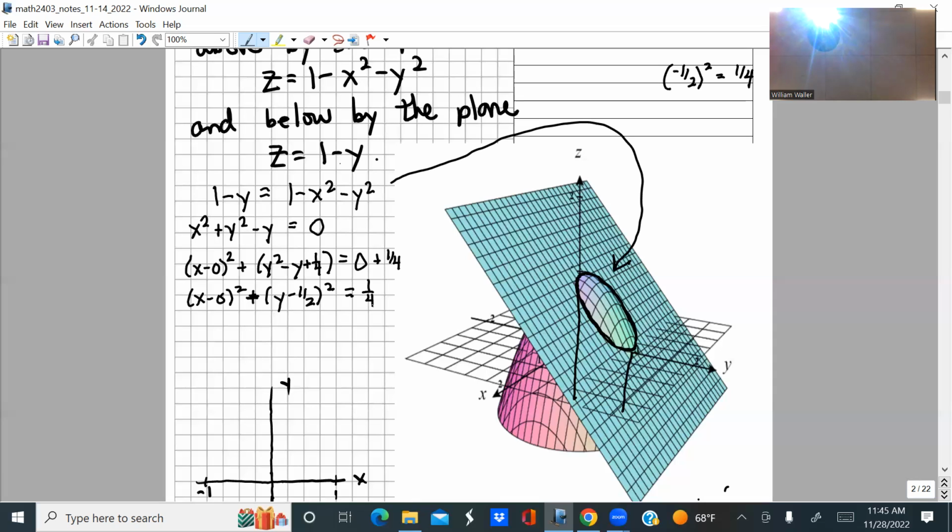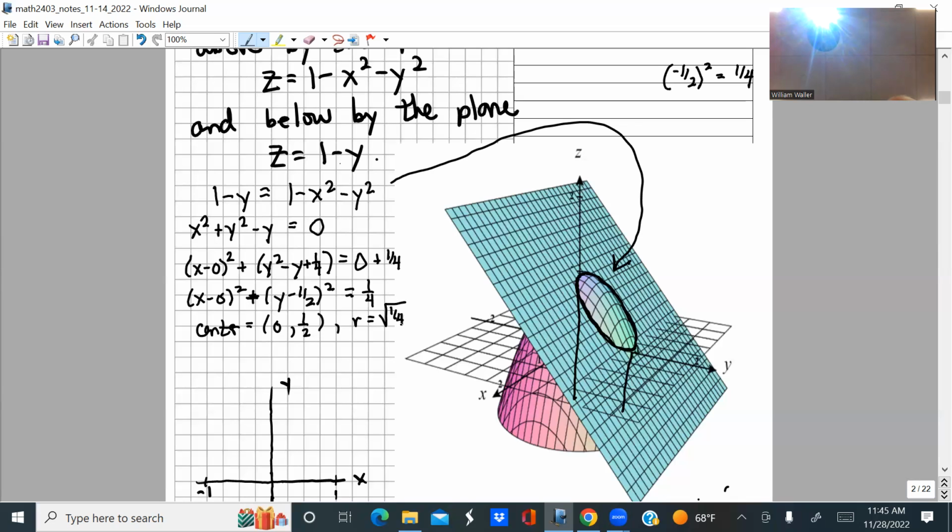Oh, that's the equation for a circle. That is the equation for a circle centered at the origin. No, it's not centered at the origin. Where is it centered? What are the coordinates of the center? Remember how to read those off, it's (h, k). Which would be 0 and 1/2. Yeah, it's centered at 0 and 1/2. And the radius is what? 1/2, it's the square root of the 1/4 here.